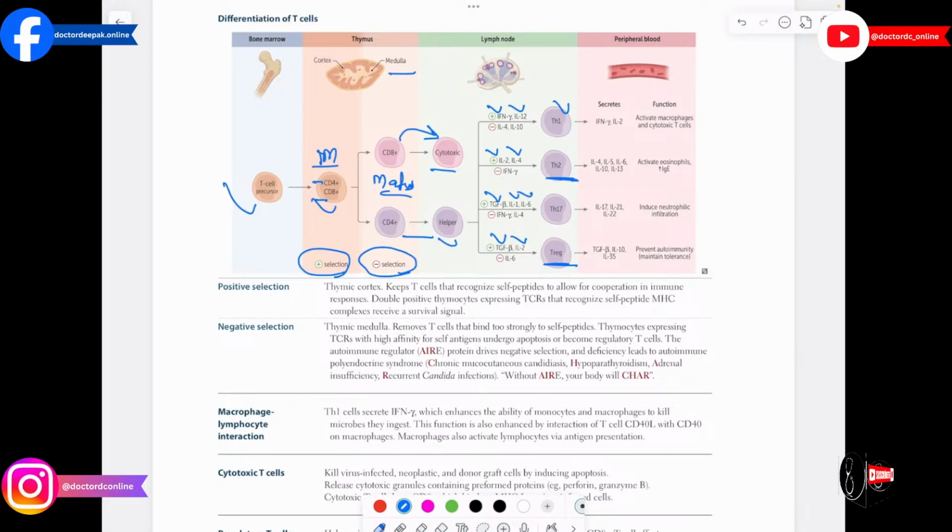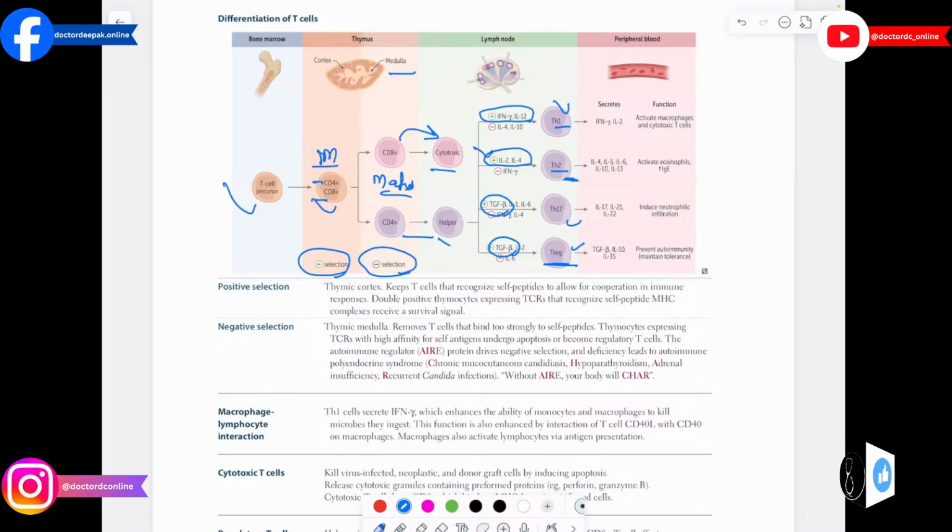Let me make it easy for you guys. For 17 and regulatory, remember tumor growth factor beta only. And for Th1 and Th2, remember interferon gamma and interleukin 12 for Th1, and interleukin 2 and 4 for Th2.